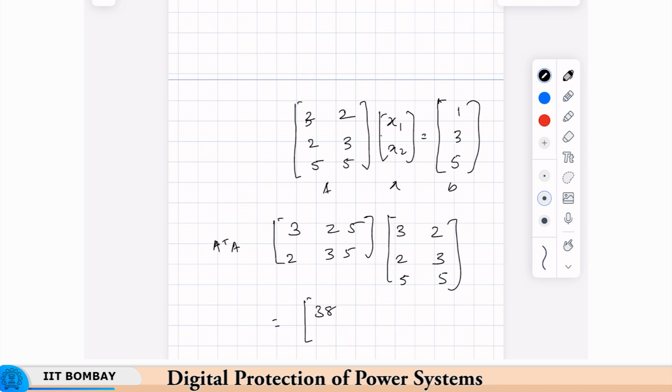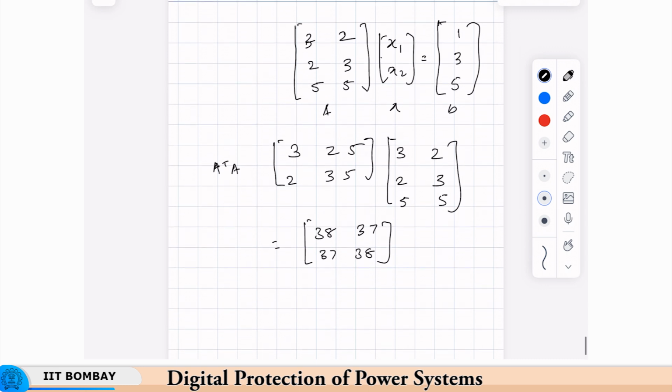Then you have 6 plus 25, so 37. And similarly 6 plus 35, 37, and 38. So, A transpose A is this.